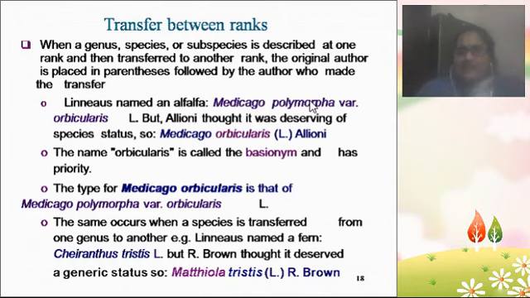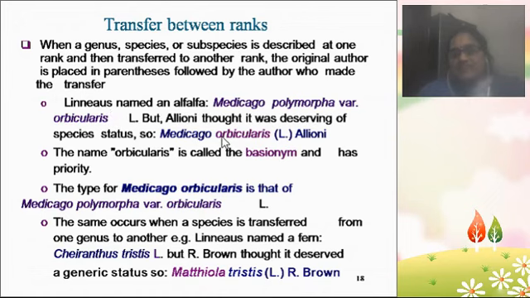If the transfer happens like that, then two author names should be in the name. The original author name should be in parentheses like this: Linnaeus, the original author, then Medicago orbicularis. Linnaeus kept orbicularis as the subspecies; later Allioni kept orbicularis as the species.